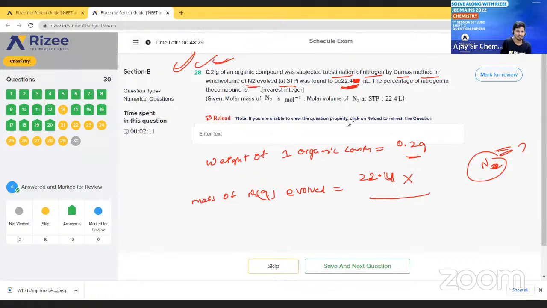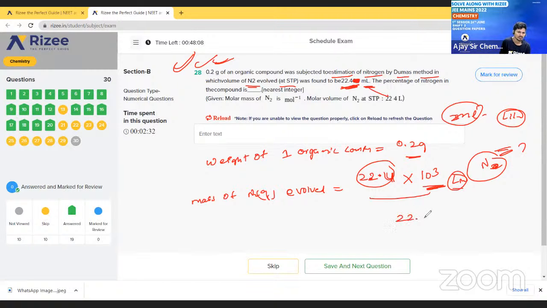Very important, they have given the volume in ml, so we have to convert into liters. We just have to multiply with 10 to the power of minus 3, then it will convert into liters.